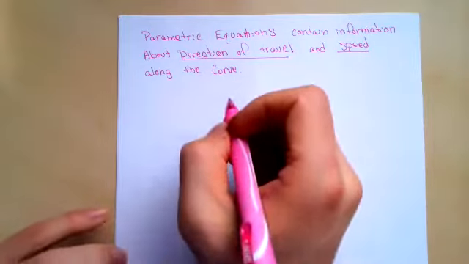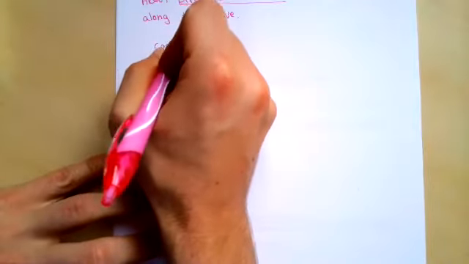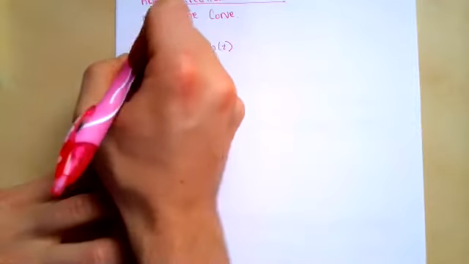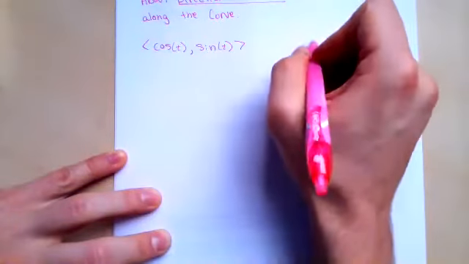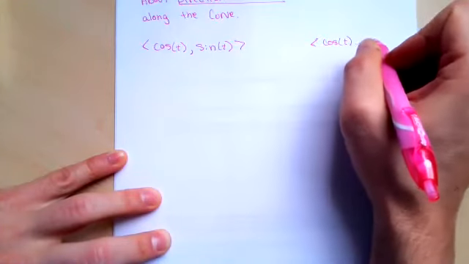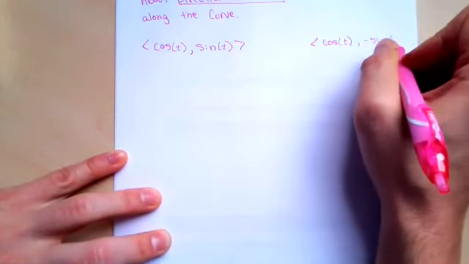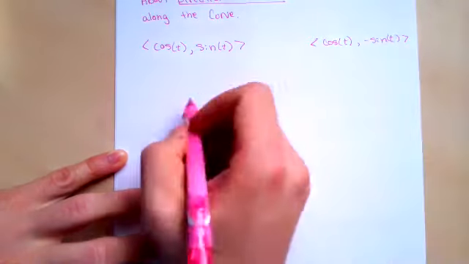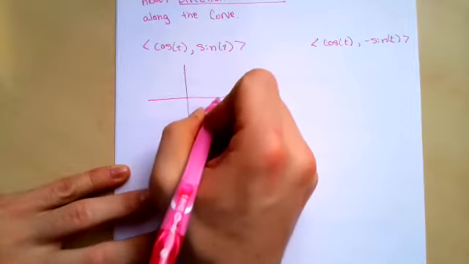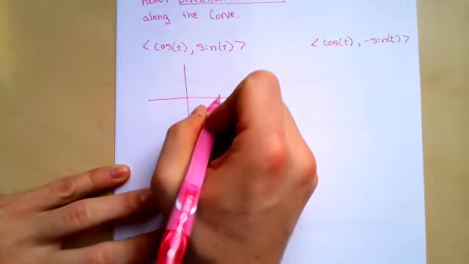So let's do one more example. We've got 1 minute. Let's just go back to our circle. Let's do a couple parametrizations. So what did we find with this guy? We started, x was 1, y was 0.